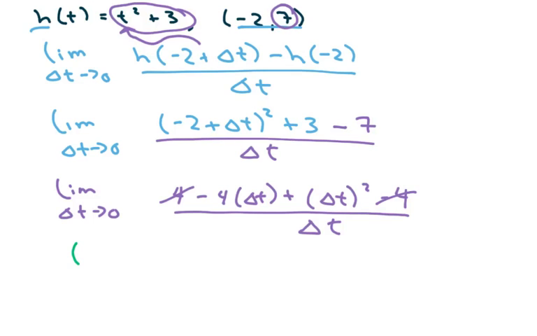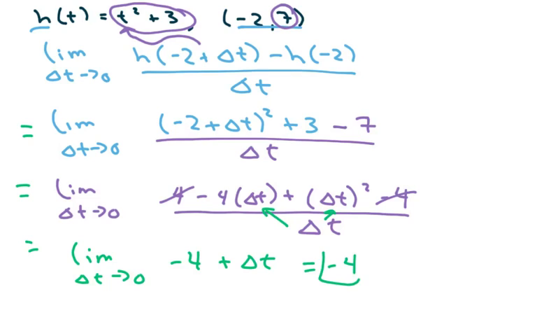Now we have the limit as delta t approaches 0, and if you divide both of these by delta t, you get negative 4 plus delta t. And so when you plug in your 0 here, you're going to get negative 4. And that's the slope of the tangent line.